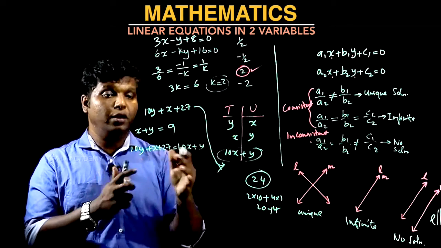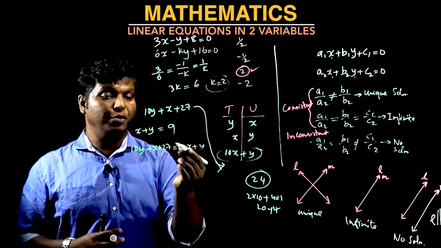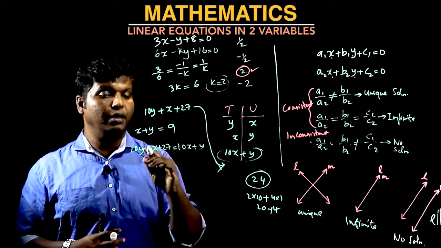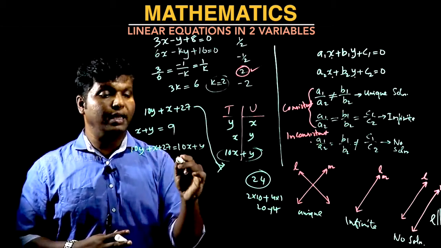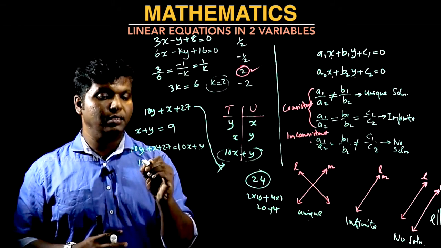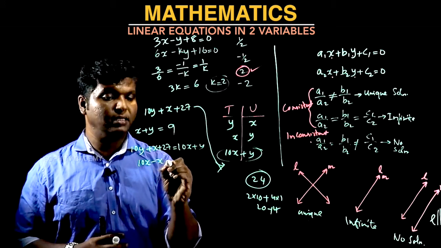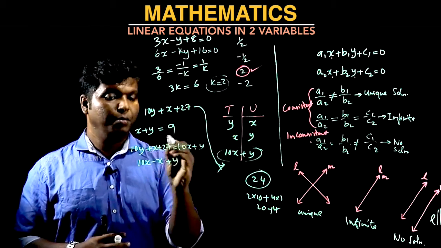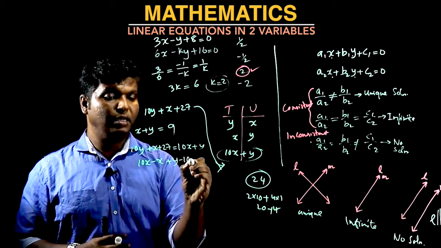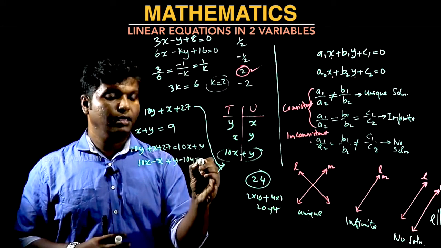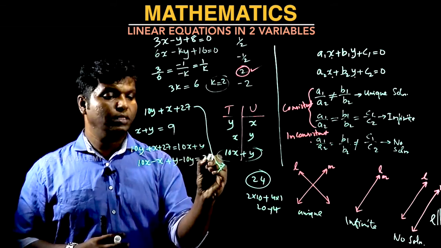From this one, if you are ordering them in the proper order, you can rearrange like this. The equation will be 10x, it is there itself. Bringing this x to that side, it will become minus x, plus y is there. Bringing this y to that side, it will become minus 10y is equal to 27, right?